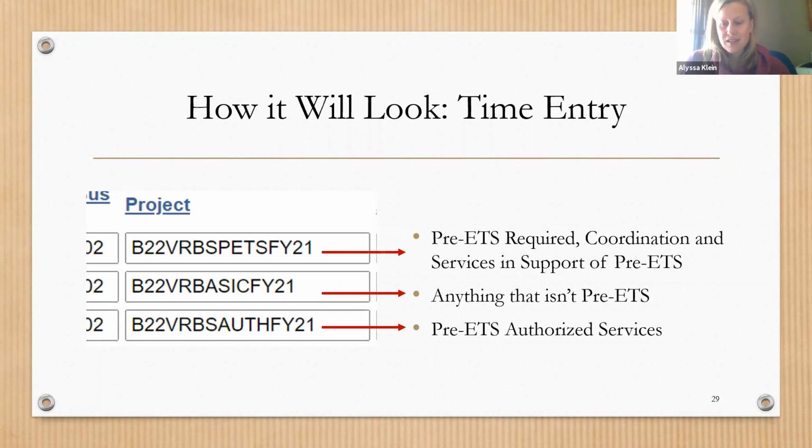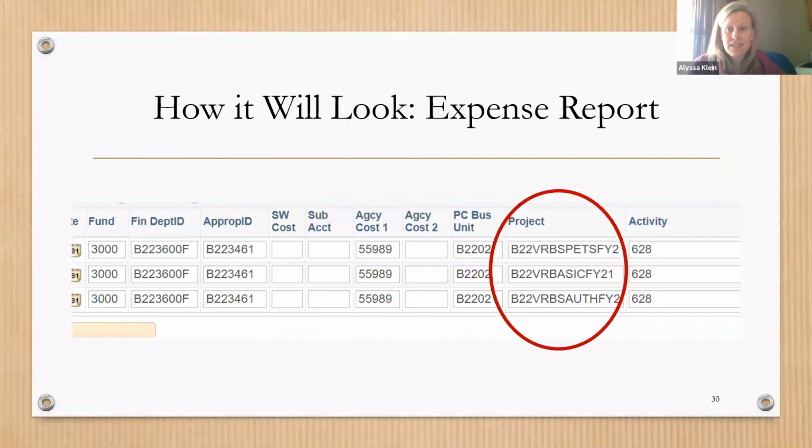The second code has the VR Basic term in there, and of course that's anything that isn't Pre-ETS. And the last is for Pre-ETS authorized services, because we see the AUTH within it. It will look exactly the same in terms of those codes on your expense report as well.